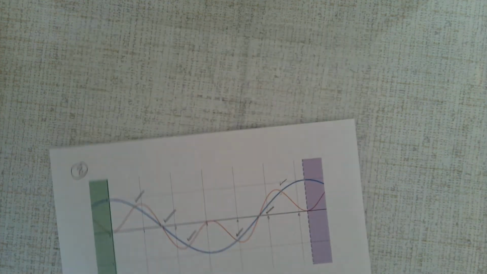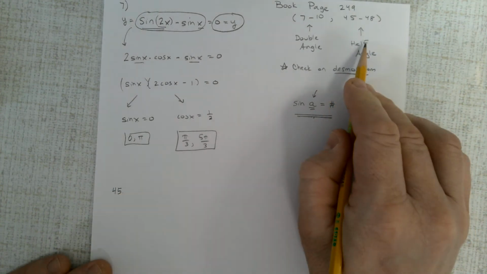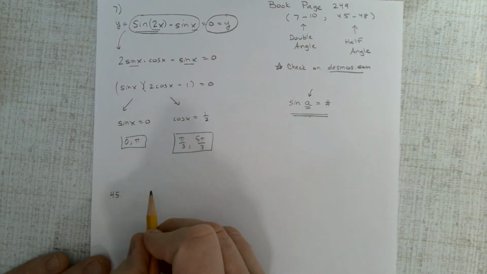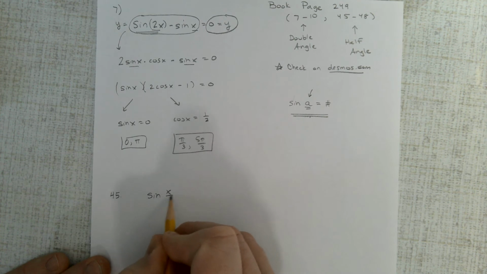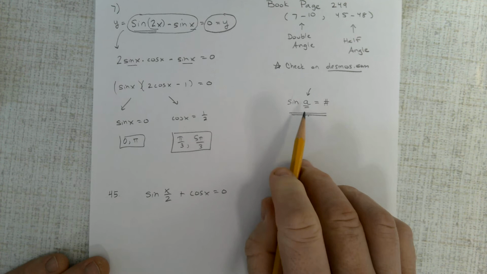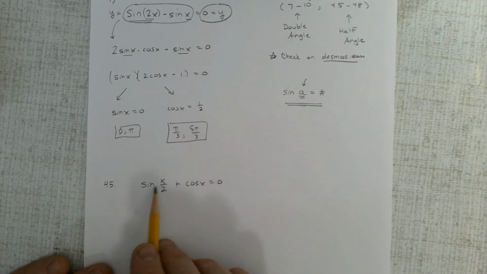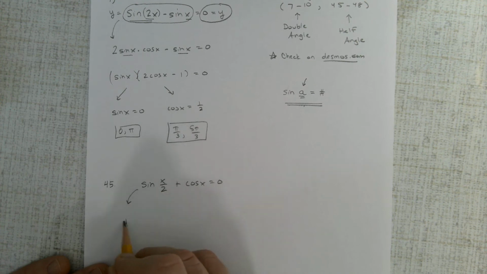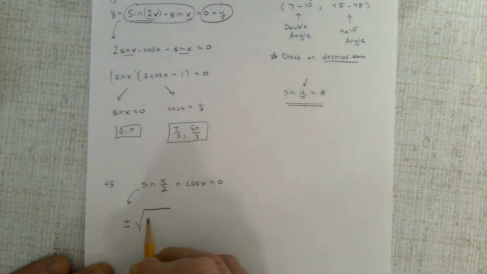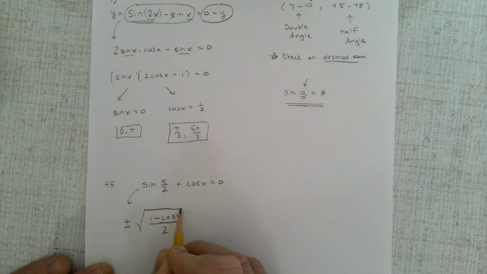Alright, I want to help you with one more problem, number 45. 45 is the half angle formulas. The problem says sine of x over 2 plus cosine of x is 0. Again, this is our only goal right here. These are different, but if I use this half angle formula, I have plus or minus the square root of (1 minus cosine x) over 2.